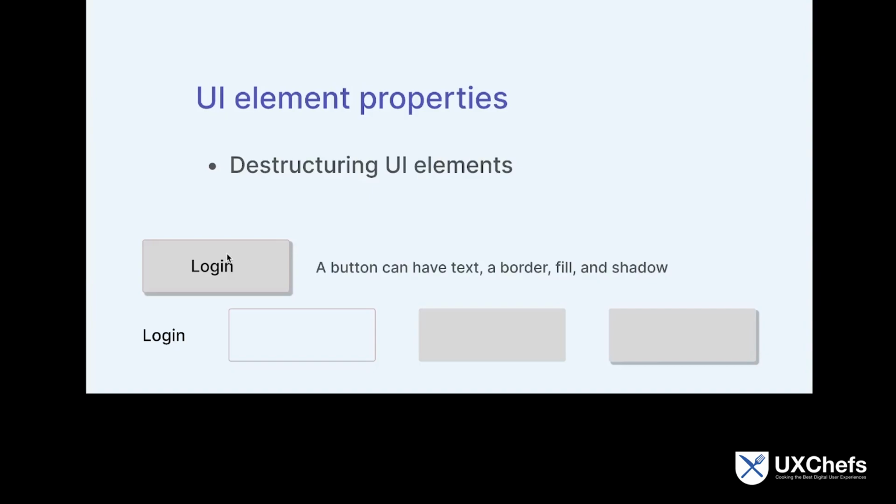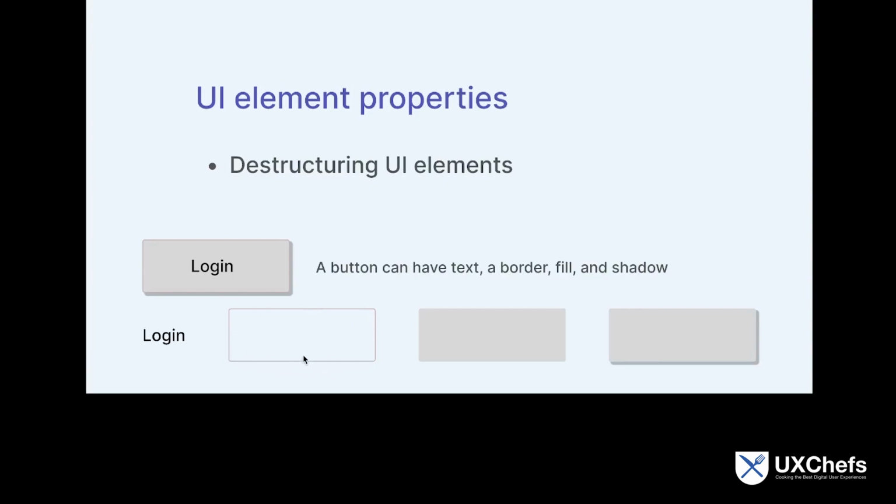To become very good at UI design, you need to first of all get to know which properties make up every UI element, and you'll find out that most of these properties are the same. You'll find out that a button, an input element, a card, they all have text.